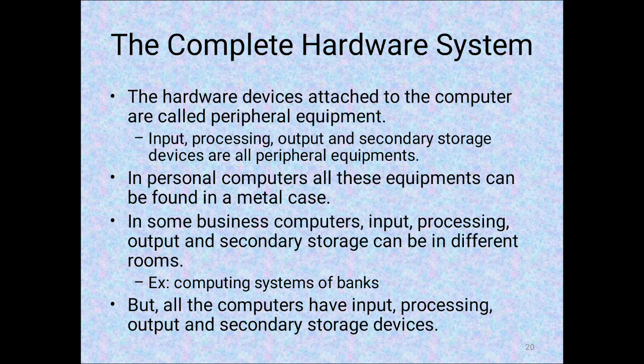The complete hardware system is included in the form of input, process, and output devices. If I'm talking about the personal computer, then at minimum these things are required. Or if I'm talking about computers used in different business houses, definitely these things are also a must.